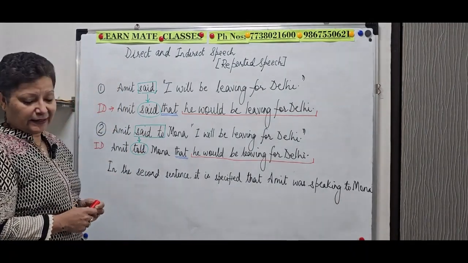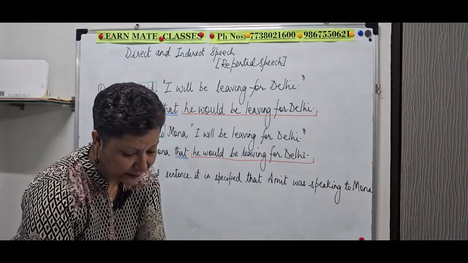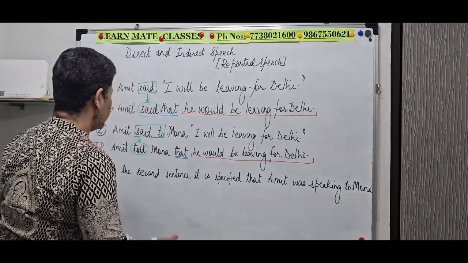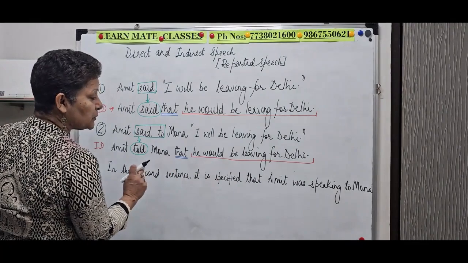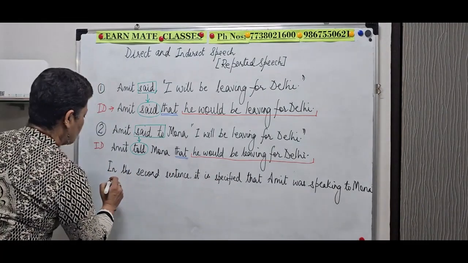So what is the thing that we need to write down? We need to understand that in the second sentence, it is specified that Amit was speaking to Mona.